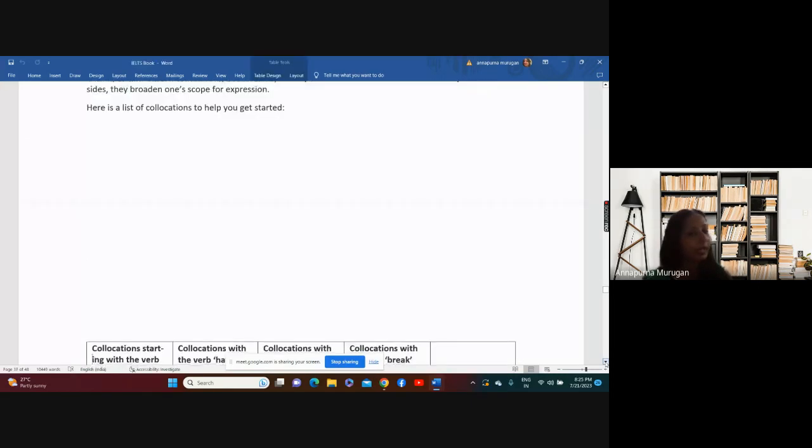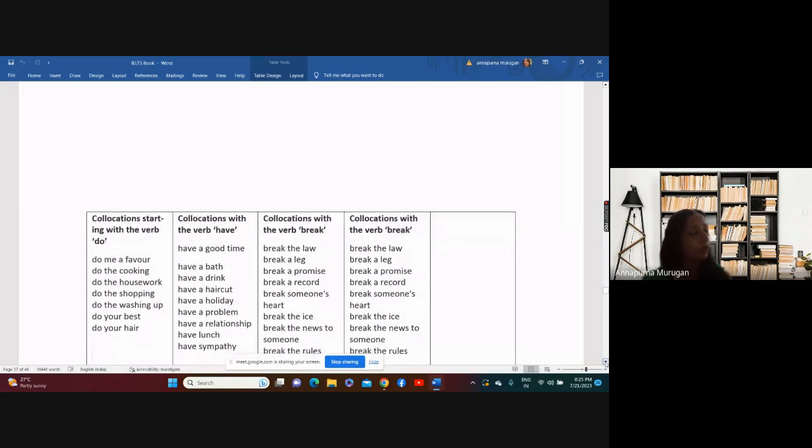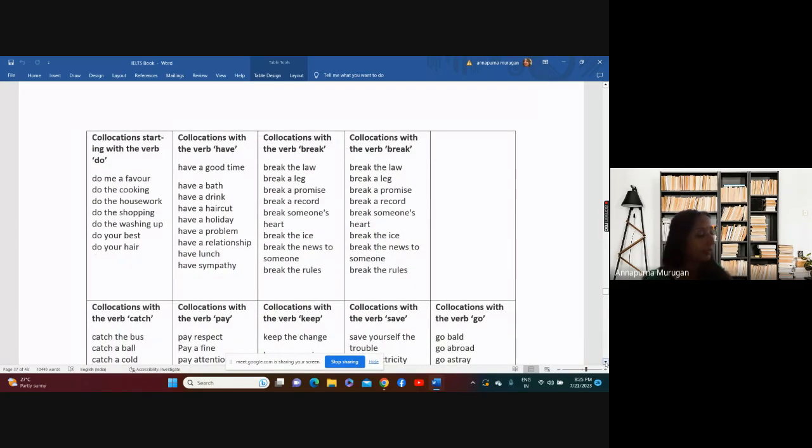Collocations are also very, very important. With collocations and idioms, you need to make sure the usage of the words is in exactly the same manner. "Do me a favor" is the right thing. If you say "give me a favor" or use anything other than "do," it is not right. So "do the cooking"; you can't say "make the cooking" or "prepare the cooking."